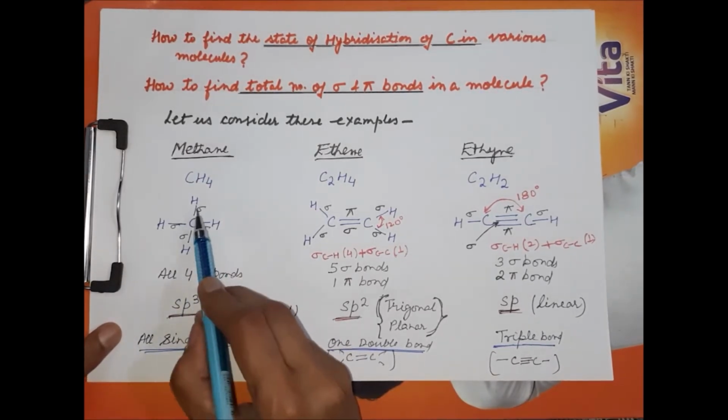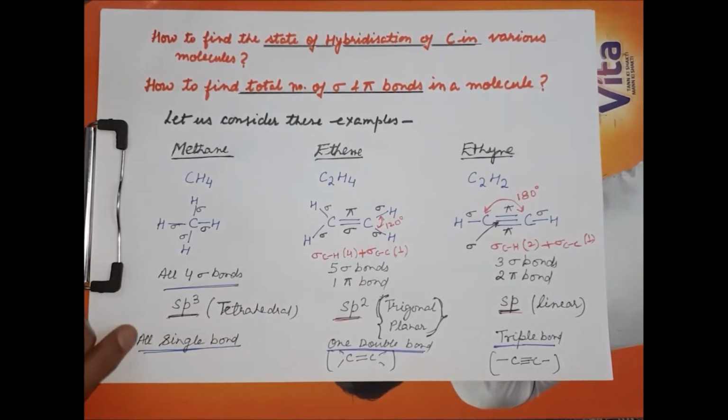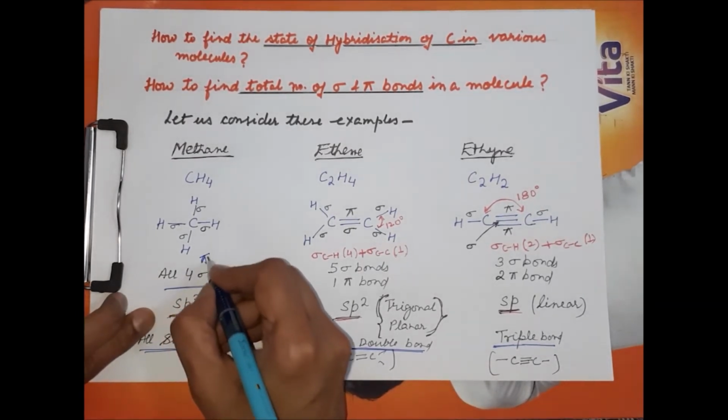So all these 4 single bonds are sigma bonds. So methane has 4 sigma bonds and no pi bonds. There is no pi bond here.